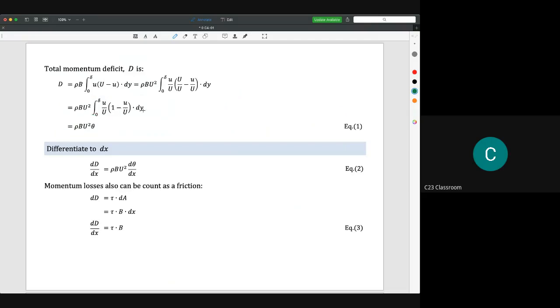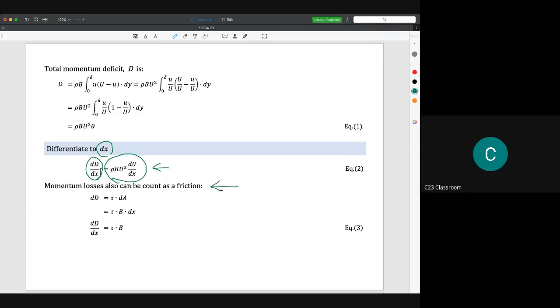To simplify the calculation, we just differentiate it with respect to x. Now we have dD/dx equal to rho b U square d theta/dx. This is just to ease us to equalize with other terms after this. So this is what I said previously.